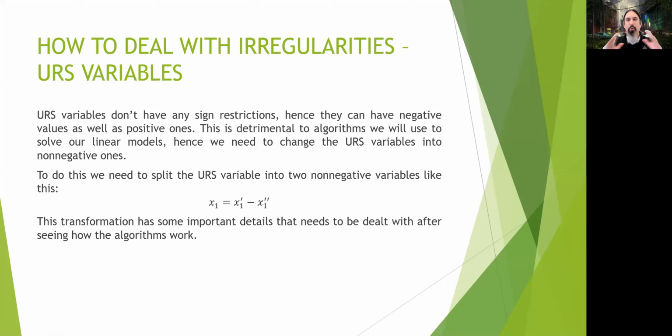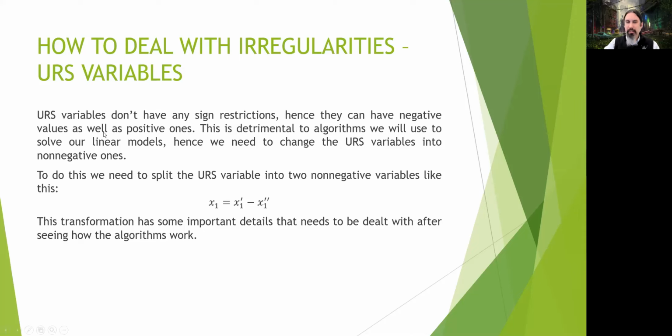And if they are always negative, you just multiply by -1 and turn them into positive values. That's easy. But if they can be both positive and negative at the same time, then they become unrestricted sign variables, which means that you have to find a way to turn them into positive variables to be able to solve the problem. That's how the modeling part works.